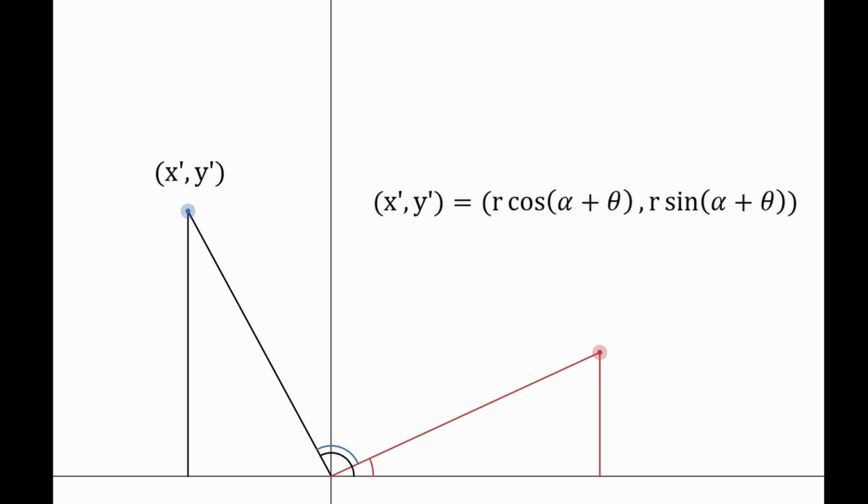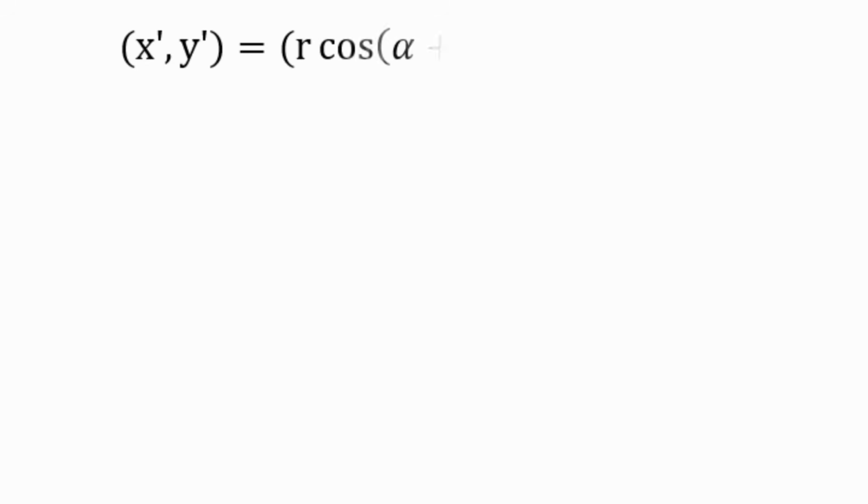Okay, but this expression doesn't help us at all if we can't express it in terms of x and y, since now we have two useless parameters, r and alpha. But remember, we know the values r cosine of alpha and r sine of alpha, and most importantly, we know the angle sum identities. So expanding this form of x prime, y prime using the identities, we get this.